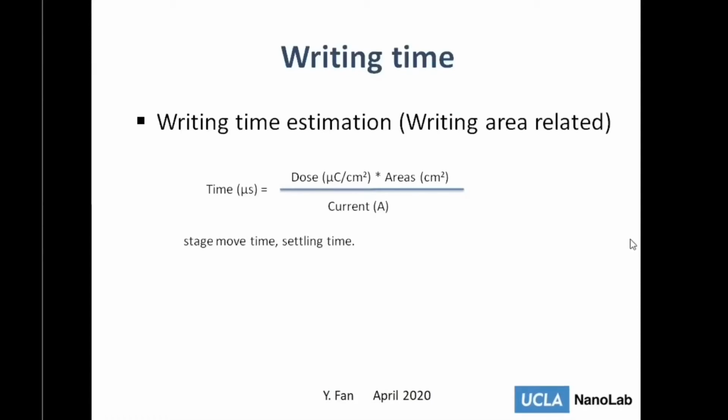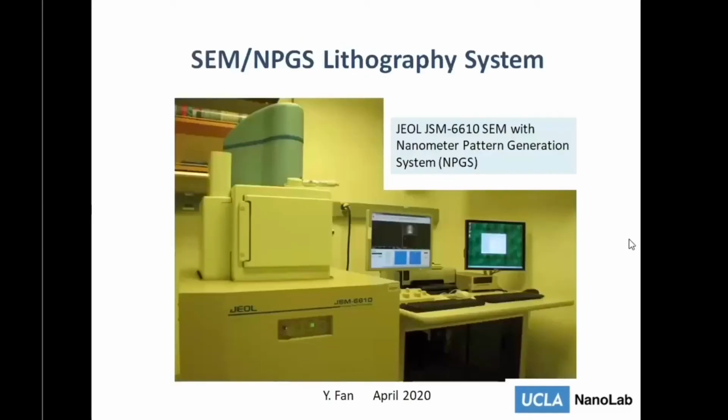So next I will spend some time to quickly talk about another SEM based lithography system. It's located in CNSI B level, room B102. As you see on the next slide, it's just a standard SEM from JEOL, combined with NPGS software. NPGS is the Nanometer Pattern Generation System software.